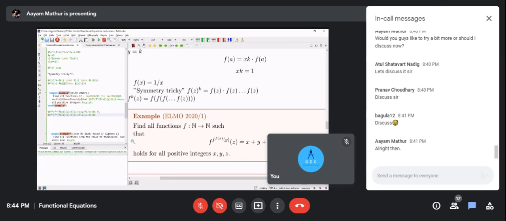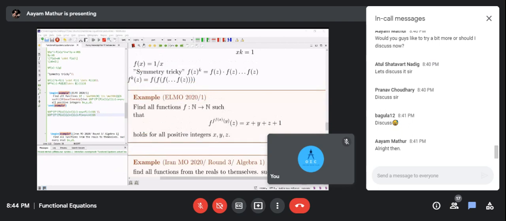Does everybody agree with this? Yeah, okay, nice. And so now you naturally have that these two terms must be equal.